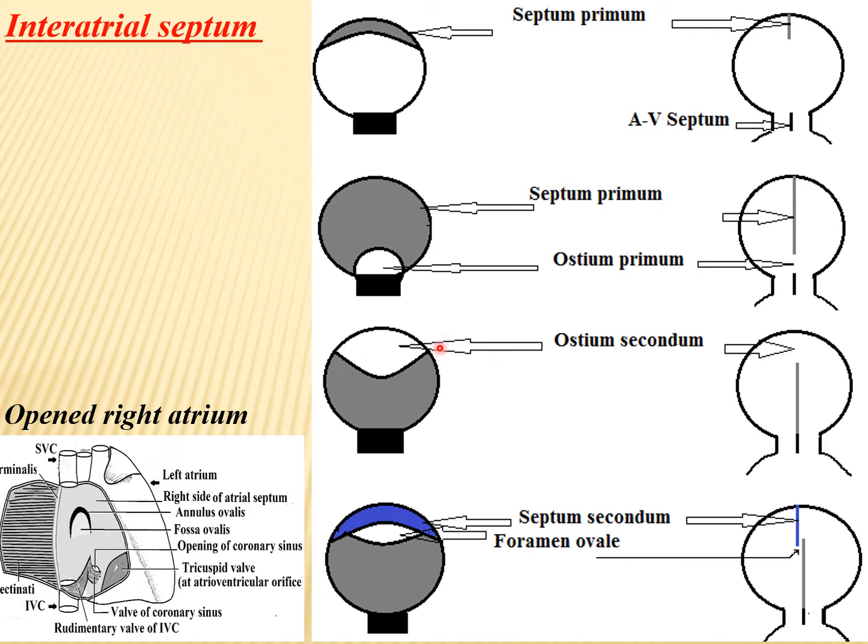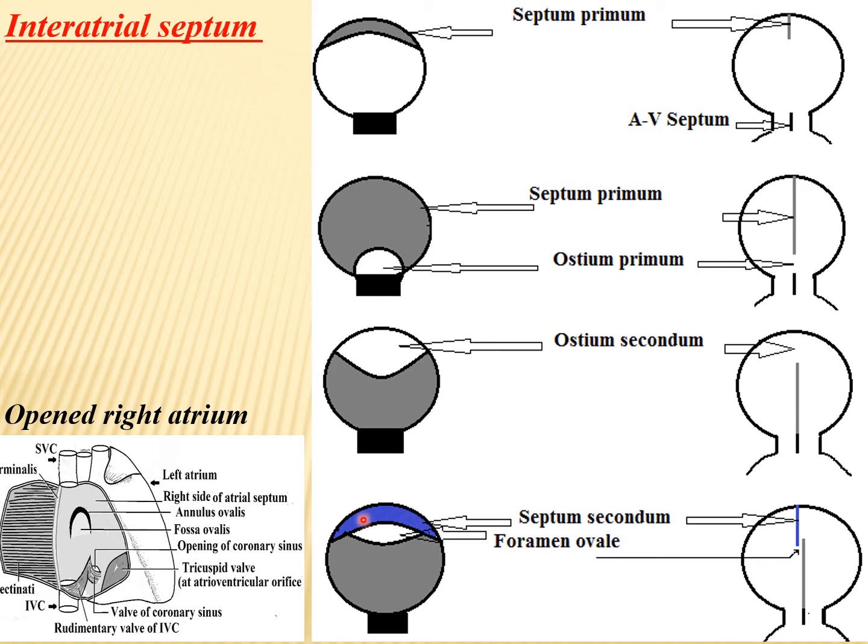Then another septum is called septum secundum. Also a sickle-shaped septum, it also appears from the roof of the atrium.